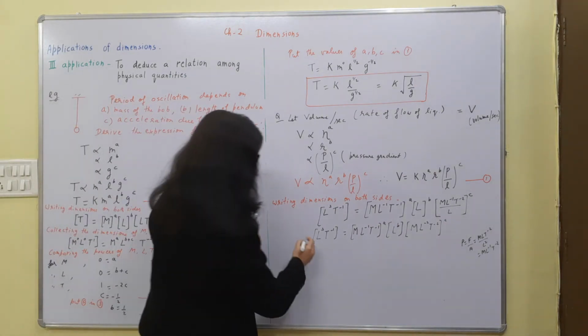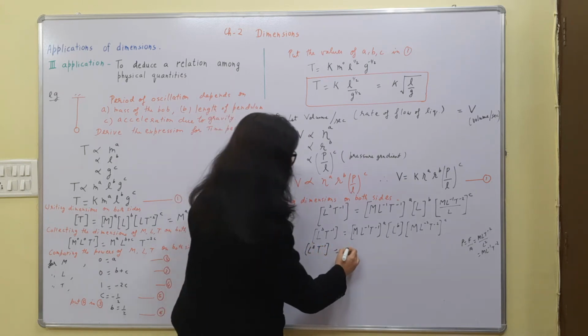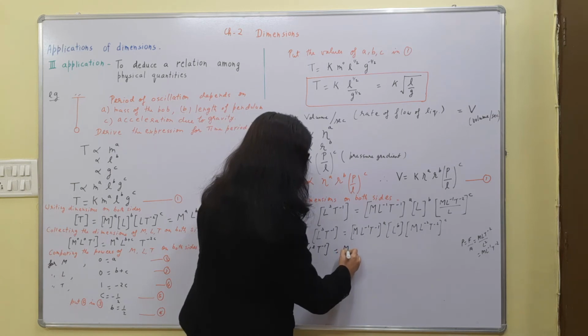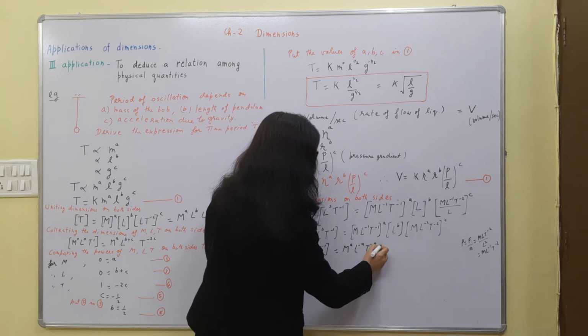We will not skip any step. So this will be L to the power 3 t minus 1 on left side, and this will be m to the power a, L to the power minus a, t to the power minus a.